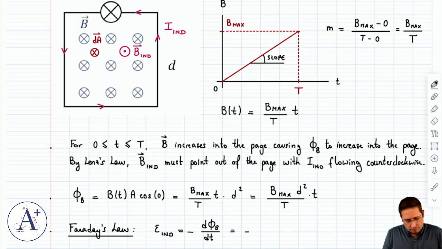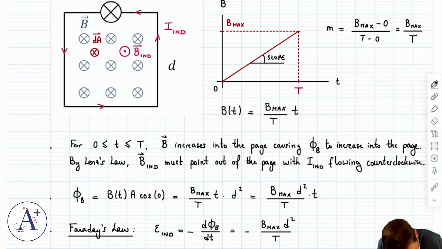I'm going to get this as a constant times t, so if I take the derivative of 7t, I get 7. In other words, if I take the derivative of flux here, I am simply going to get B max d squared divided by capital T.